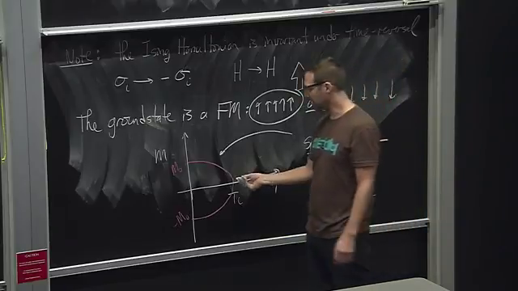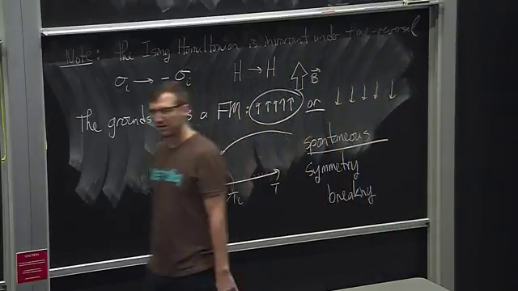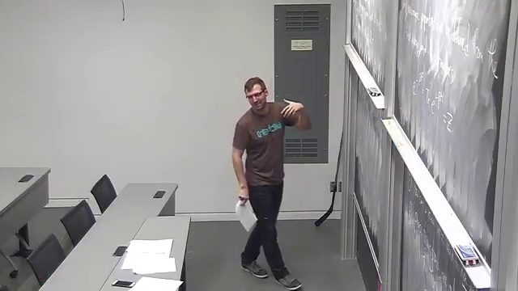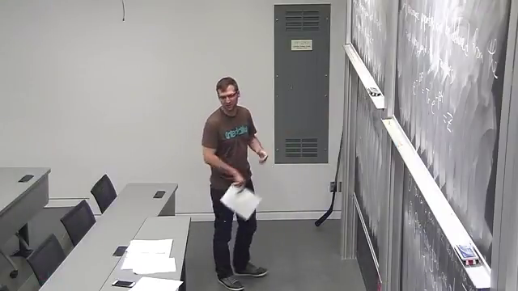If you cool down in the presence of a magnetic field, you'll get one of those two states. So let's imagine cooling down in the presence of that field and then taking that field to 0, say.